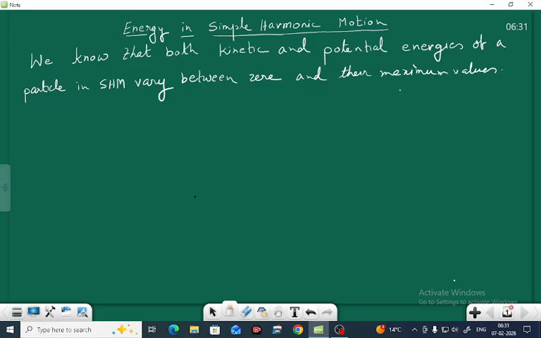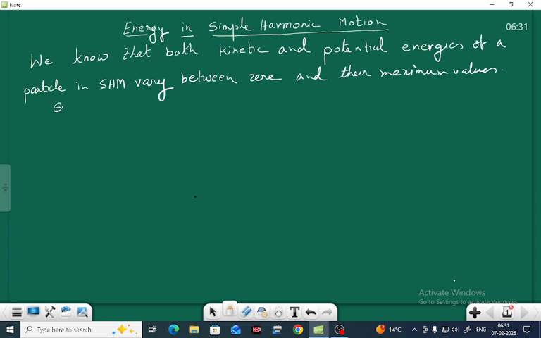Now first of all we find the kinetic energy of a particle. For that we have to know the simple equation, that is displacement versus time.